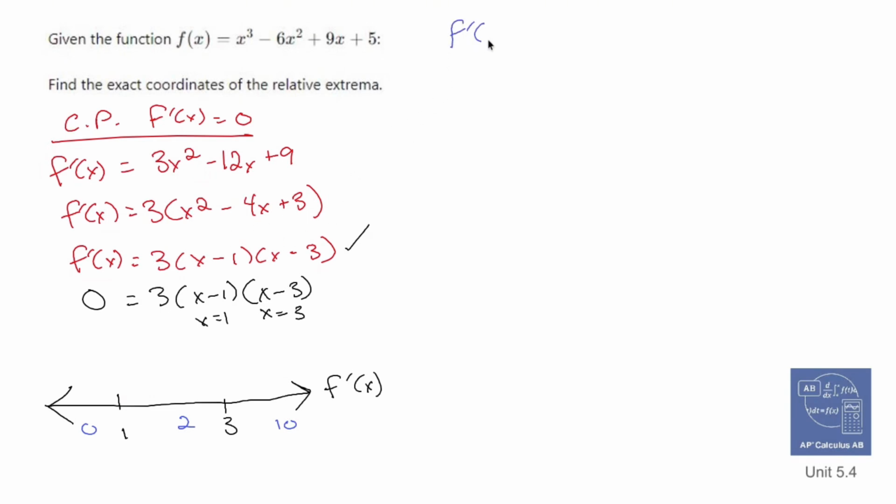Okay, f prime of 0 is going to be 3 times 0 minus 1, which is negative 1, times 0 minus 3, which is negative 3. And all that ends up being 3 times a negative times a negative, so it's going to be a positive number. I don't really care what the number is. I just care if it's positive or negative. Let's do the same thing with 2.